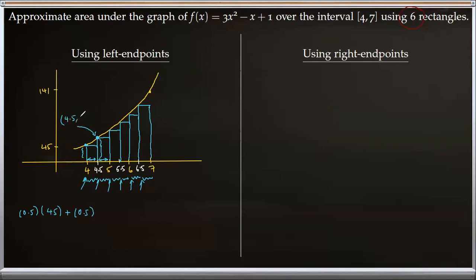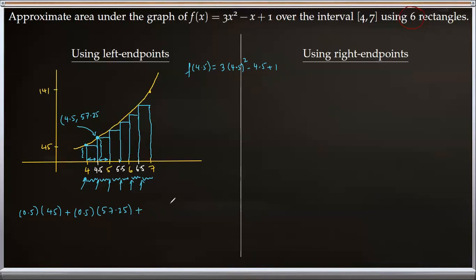Plug 4.5 into the function, which is 3 times 4.5 squared minus 4.5 plus 1, which comes out to be 57.25. So that is the height for the second rectangle, 57.25.